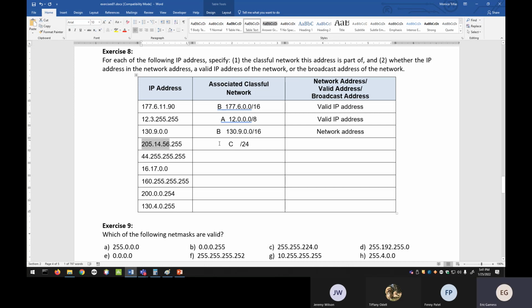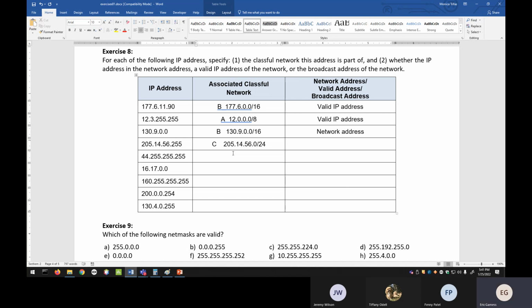So if I ask you what is the network address, the 205 you cannot change, the 14 you cannot change, the 56 you cannot change, and the very last byte, you do whatever you want. So what should I put for X if I want the very first IP address? I put 0. So that will be the network address.